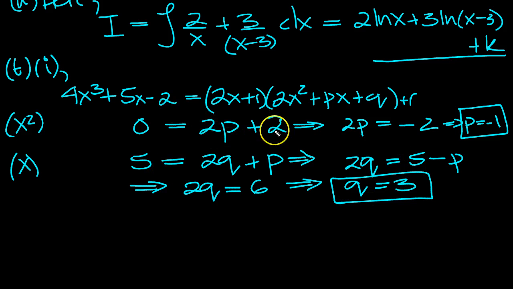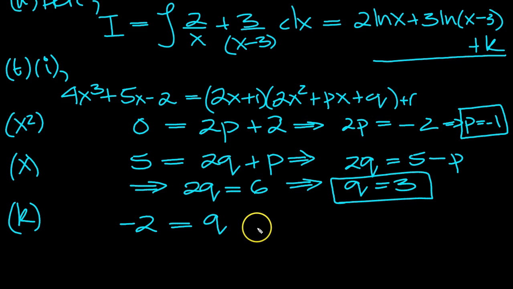Okay, now we need r. So we better equate constants now, haven't we? So the constants then, or x equals 0 is the same. Minus 2 on this side. 1 lot of this, which is q, isn't it? That's the only thing that comes out there. Plus the r constant.